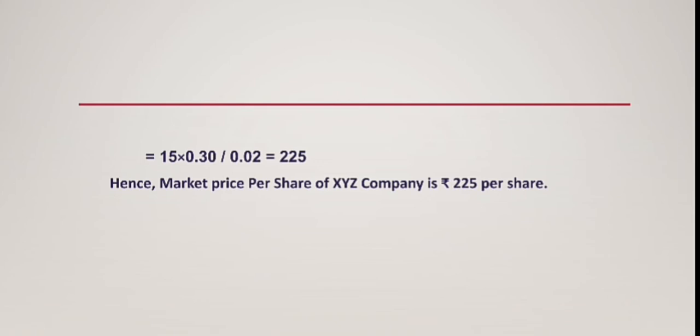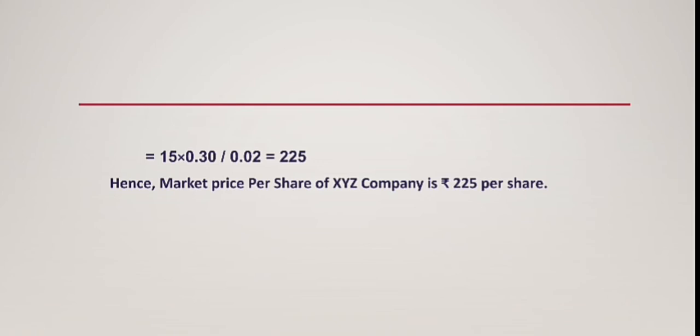We get 15 multiplied by 0.30 divided by 0.02, which equals rupees 225 per share. So the market price per share according to the Gordon model for XYZ Limited is rupees 225 per share. So by using the first formula we get 225 rupees per share for XYZ Limited.